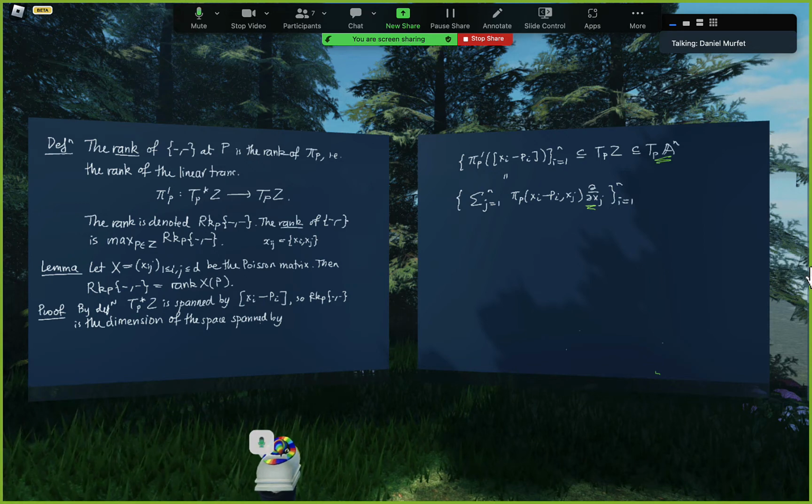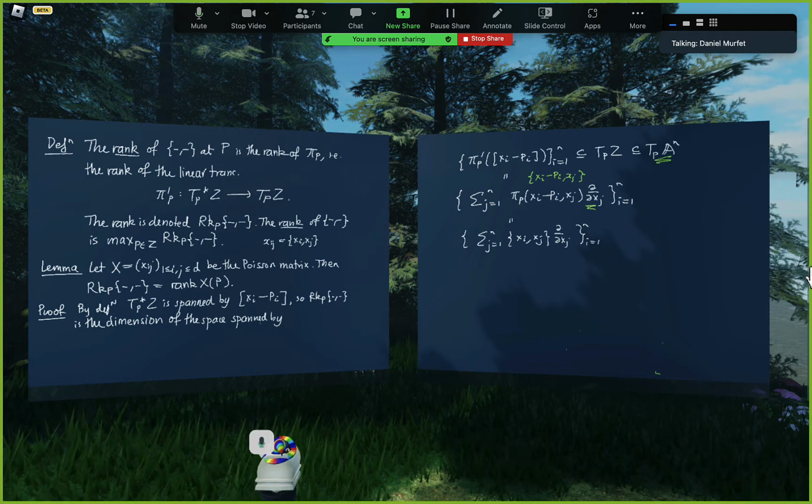So this is a set of vectors, and I'm taking its span and asking for the dimension of that. But by definition, pi p of those two guys, this here is literally just pairing it. It's just notation for the pairing. Pairing with a constant gives you 0, so that's just xi, xj, ddxj, which is, well, evaluated at p, right?